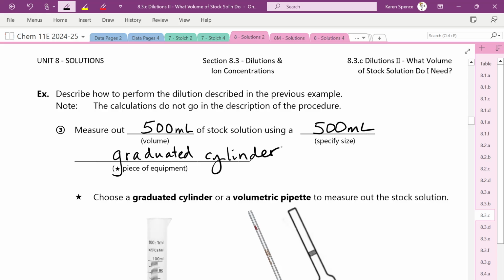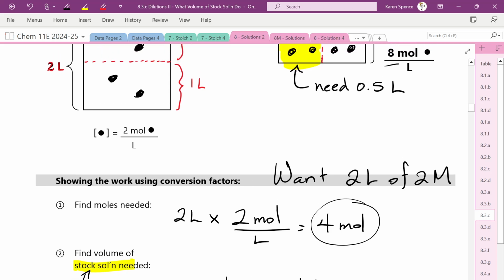Once I've measured my 500 milliliters, we want to make 2 liters of solution. What should I be pouring this into? What do you make solutions in, generally?